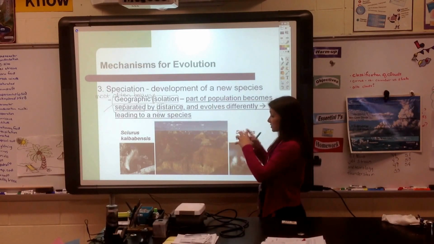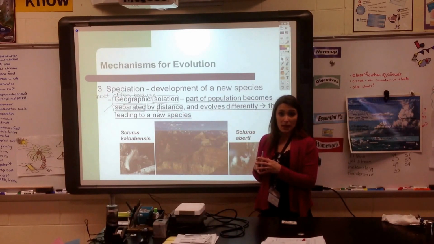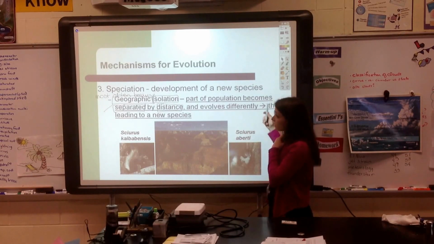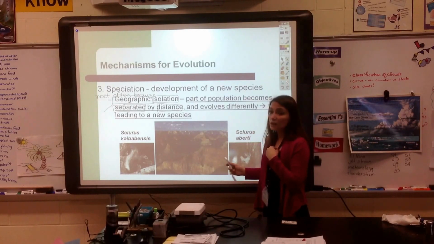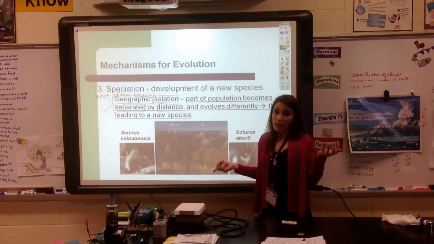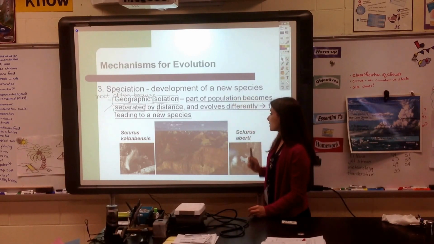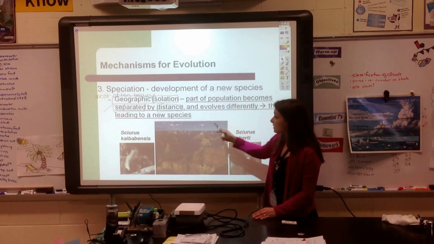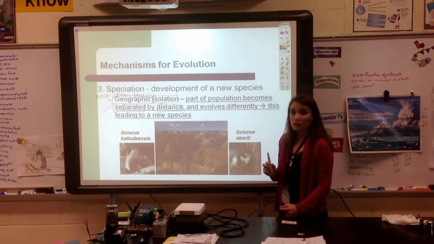If we put those two squirrels together, they can't mate anymore. They're so different from each other. And that's because they were separated by space. Now they are different, they can't mate, so we have new species. And if you look at their scientific names, you can see they're in the same genus, but they're in different species.